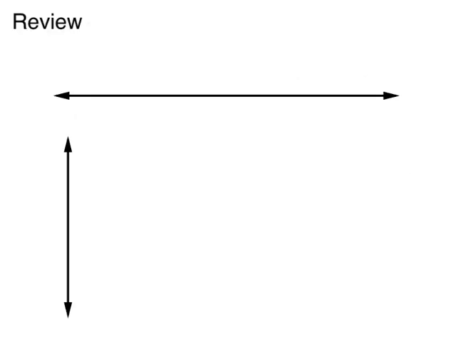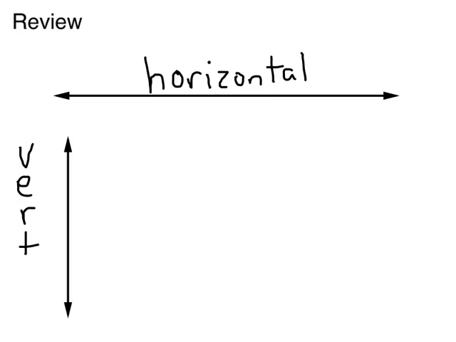So to review, here we have a horizontal line. Any line that goes directly across is horizontal. And here we have a vertical line. One that goes straight up and down is vertical.